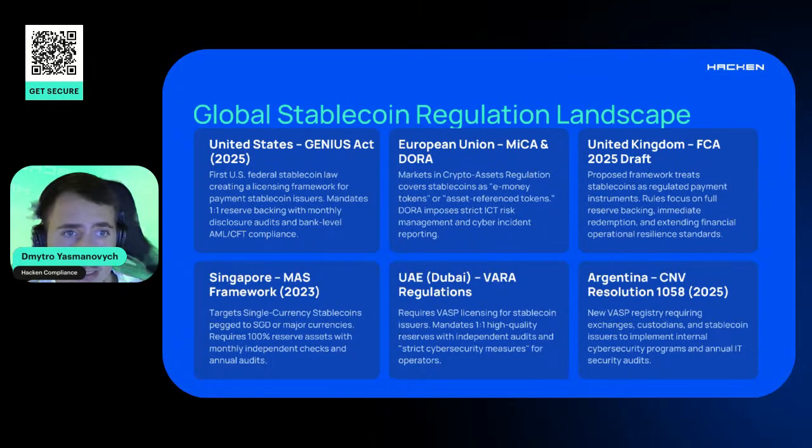So let's start with the exact players we have. We have the United States GENIUS Act, which is pretty fresh. This is the first stablecoin law creating a licensing framework. It mandates, first of all, reserve banking with monthly audits and, of course, bank-level AML/CFT compliance.